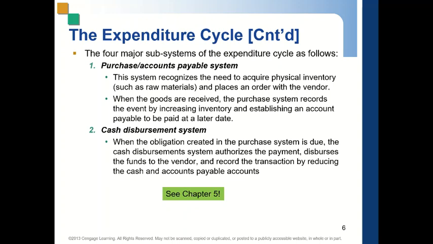The first system recognizes the need, of course, for us to acquire physical inventory. And when we do that, we are buying goods from a particular vendor or maybe several vendors. The goods are received, and remember, we are going to pay at a later date.